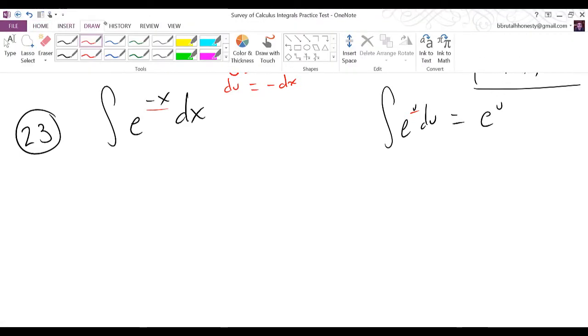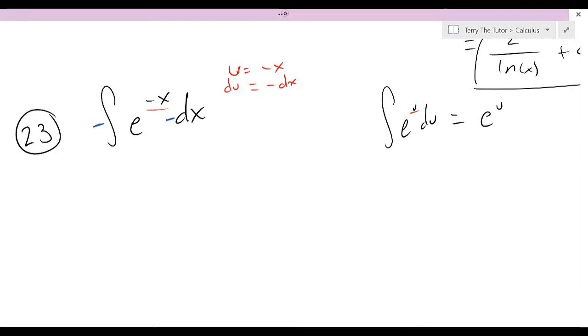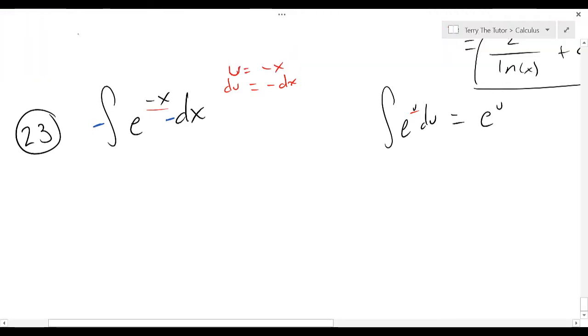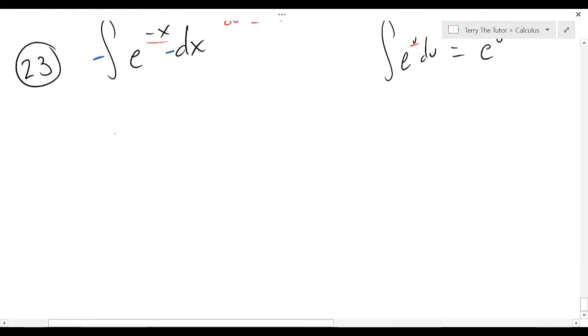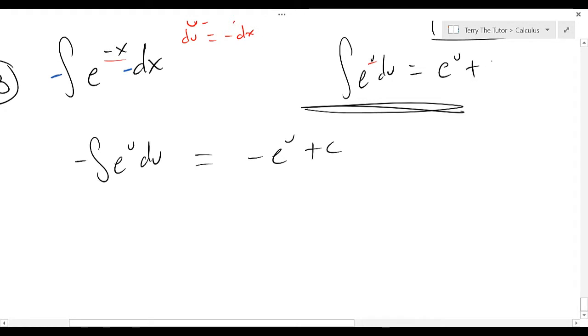So I've just got to add in a negative sign here, so I can match up with my du, and I'll throw a negative sign there to balance out the equation. So I've now got the negative integral of e to the u du. Following that formula, we're going to have the negative e to the u plus c.